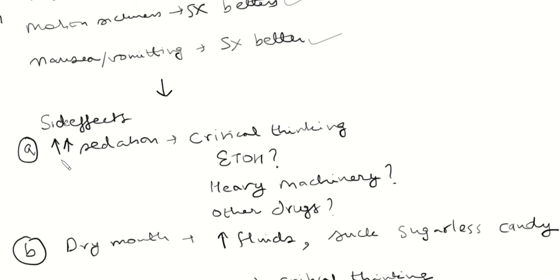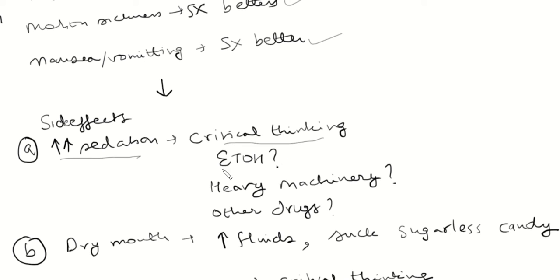Side effects. Remember we talked about sedation? Yes, yes. Now this is where we do some critical thinking. Let's put sedation in an elevator with alcohol. What does alcohol do? Sedates you. What does Benadryl do? Sedate you. So if I put the two of them in an elevator, what do you think they'll talk about the most? Sedation.